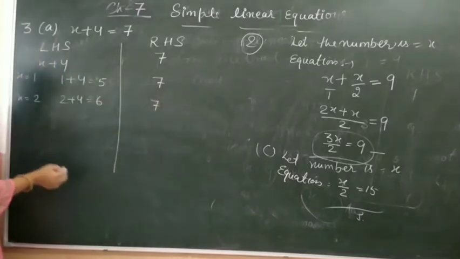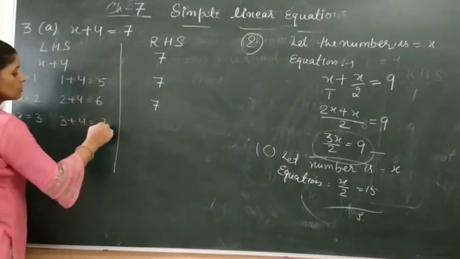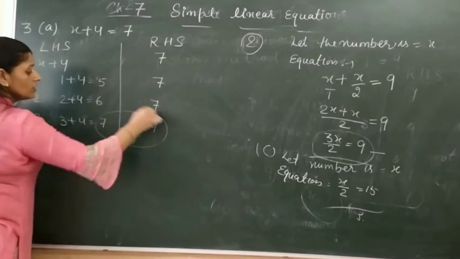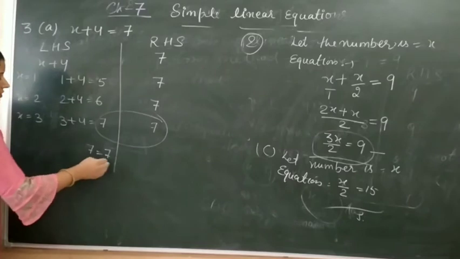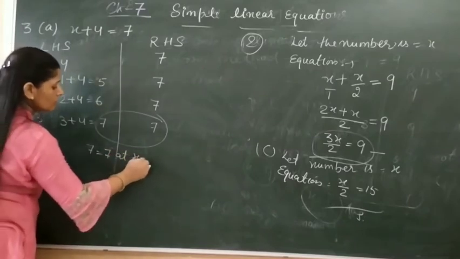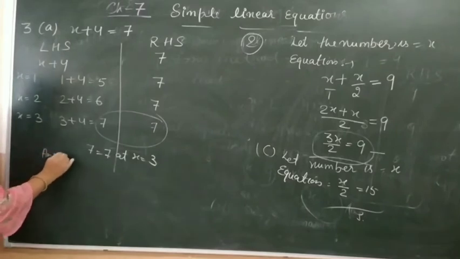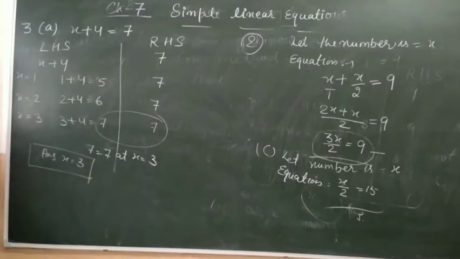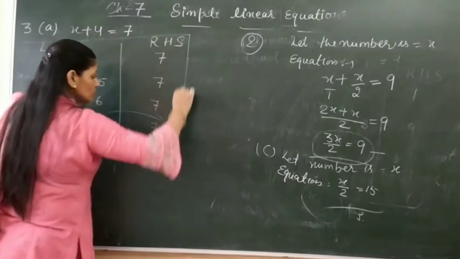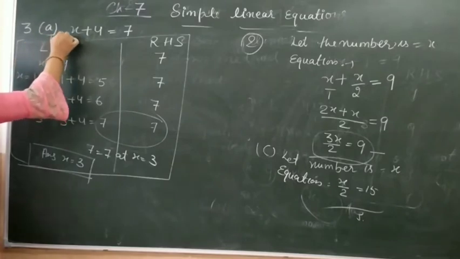Not equal to 7 for other values. X is equal to 3. 3 plus 4 is equal to 7 and 7. These are equal. So 7 is equal to 7 at x is equal to 3. Hence x is equal to 3 is your answer. In this way, you can solve the given linear equation using trial and error method.